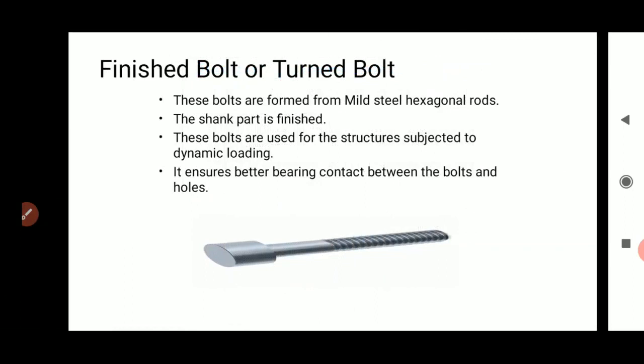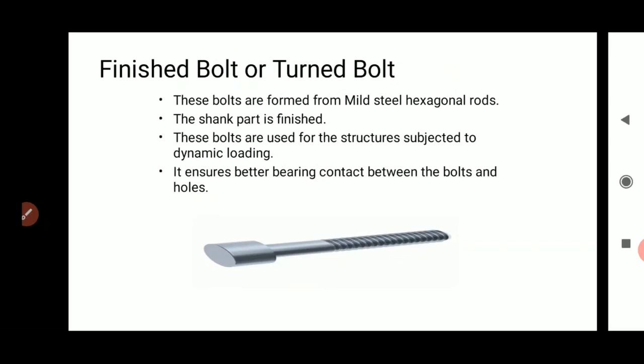The first point is these bolts are formed from mild steel hexagonal rods. The unfinished bolt is made from low carbon steel, and the finished bolt is made from mild steel only.